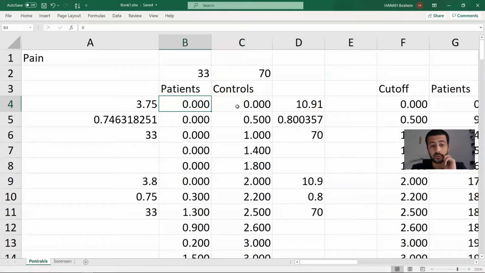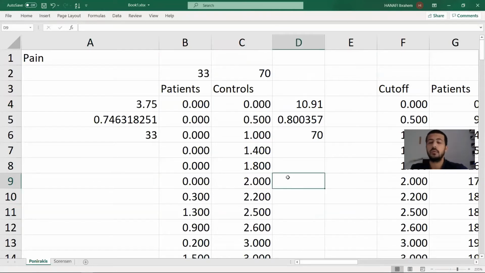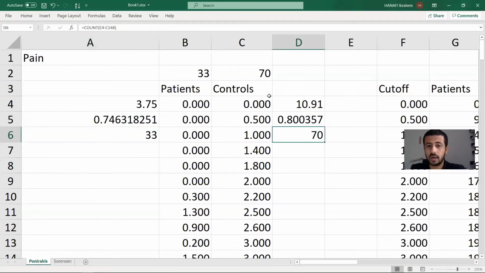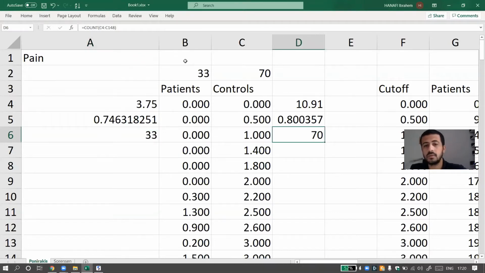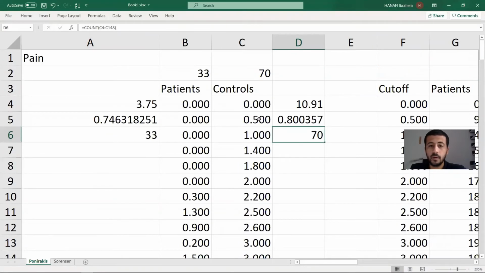As you remember, from the first few lectures, we have these numbers. We have here an average, the standard error of patients, and the count of patients. And here we have the same for the controls. Yes, I need a cutoff. Now, my aim is a cutoff.